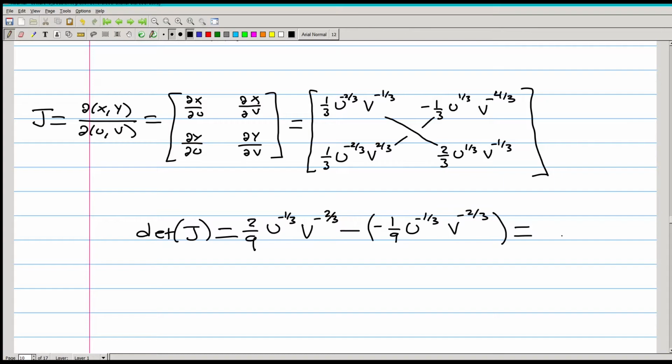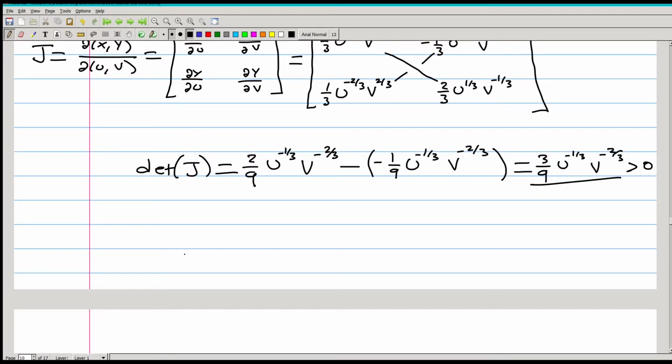So this simplifies nicely to 3/9 u to the -1/3 v to the -2/3. This is our Jacobian determinant term. It's positive because u and v are positive, so we don't have to worry about the absolute value when we integrate.